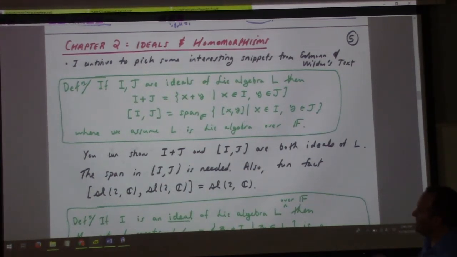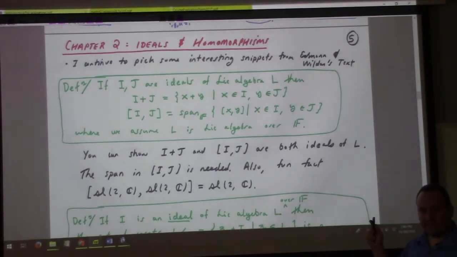We can talk about building new ideals from old. So like the sum of two ideals is an ideal. The bracket of two ideals. Now this will catch you off guard. If you're not paying attention, this will get you into trouble. If you think that the bracket of two ideals is just straight brackets of two things, it's not quite right. You actually have to take the span of brackets from the respective spaces to get the ideal. This set without the span can be different and also not an ideal.